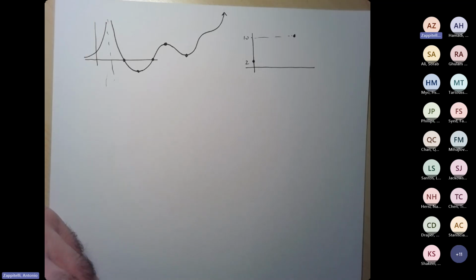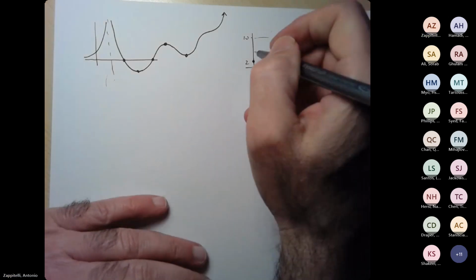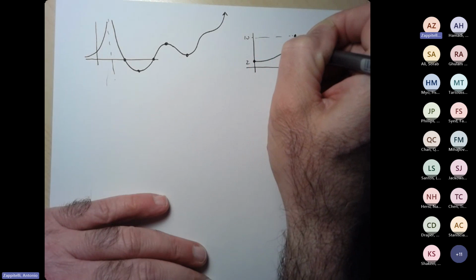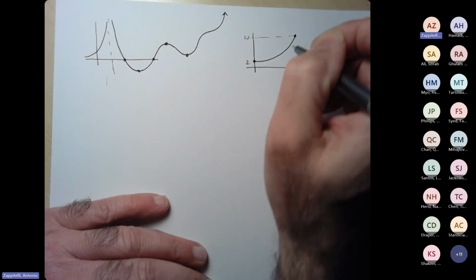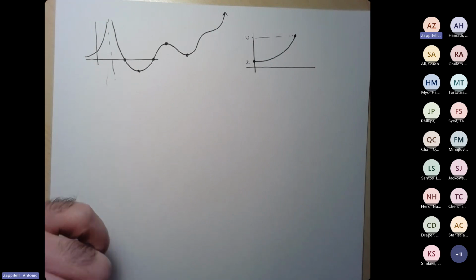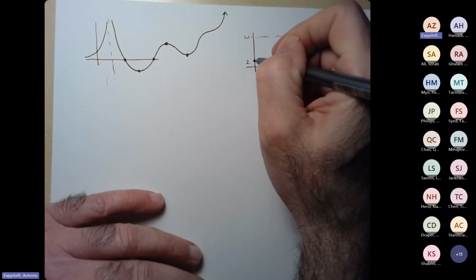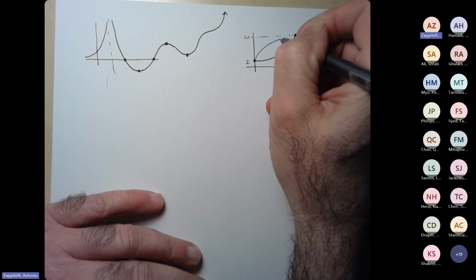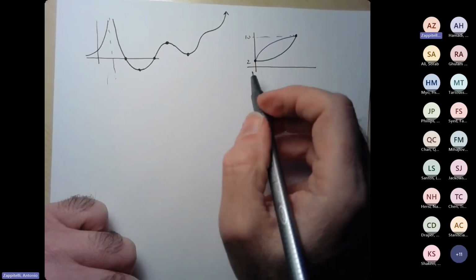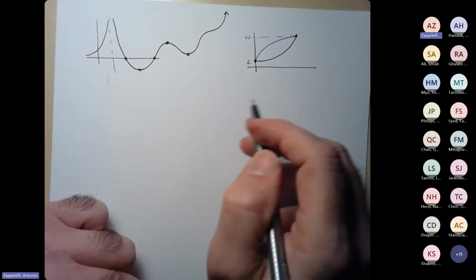Can you see that maybe one stock is increasing slowly at first and then starts increasing faster and faster and faster? Okay. Then the other stock maybe increases quickly at the beginning, but then starts to level off. Did they both start at 2 and end at 10? Yes.